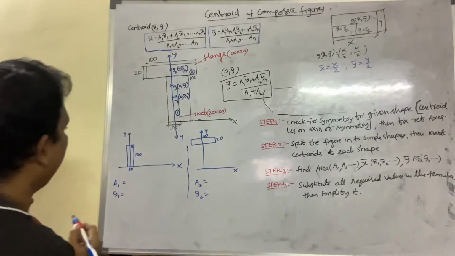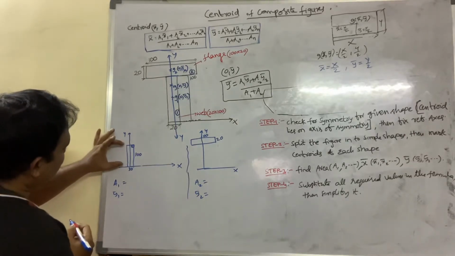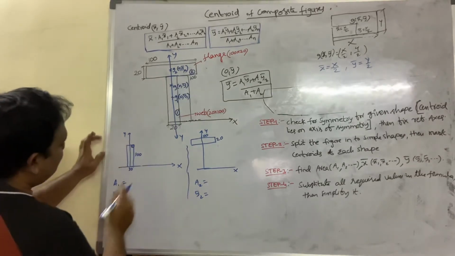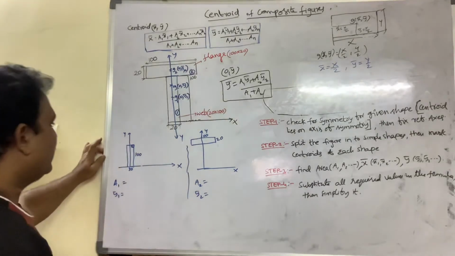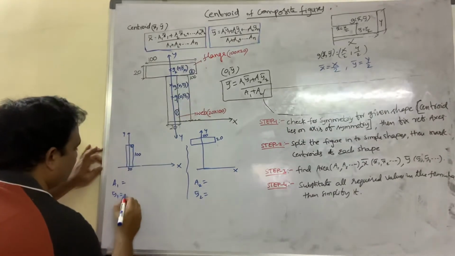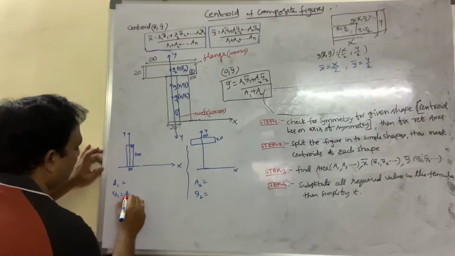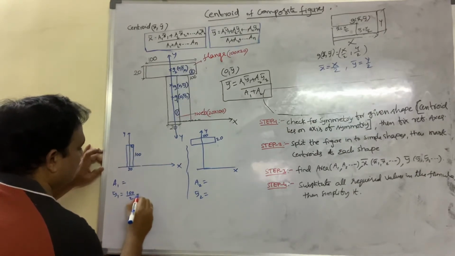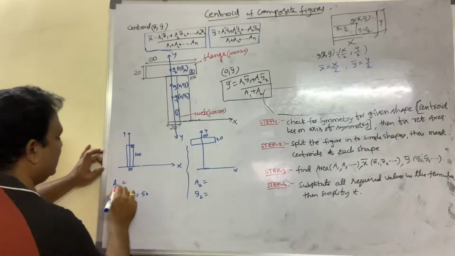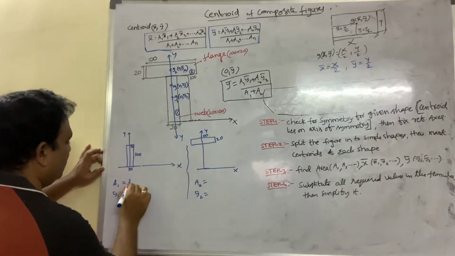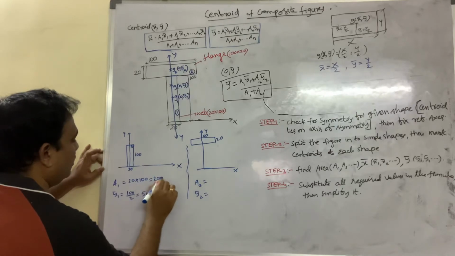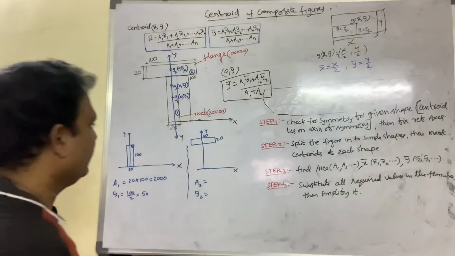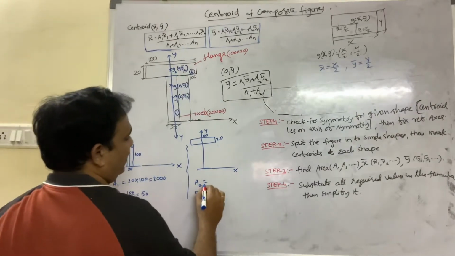Let us move to the first section. If this is the first member with dimensions 20 into 100, then what is the vertical coordinate of centroid? y1 bar means half the vertical distance, that means 50. What is the area of this section? 20 into 100, 2000. In the same way, let us find out A2.